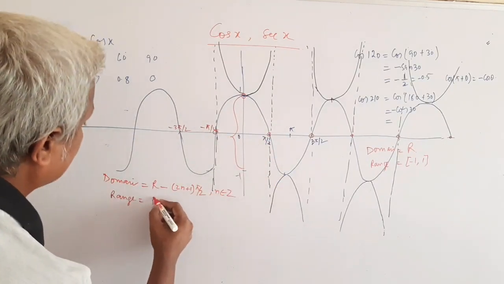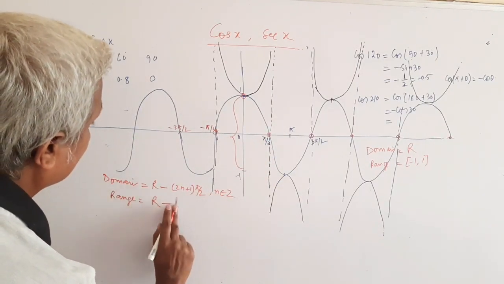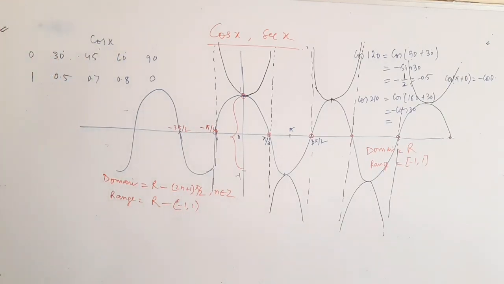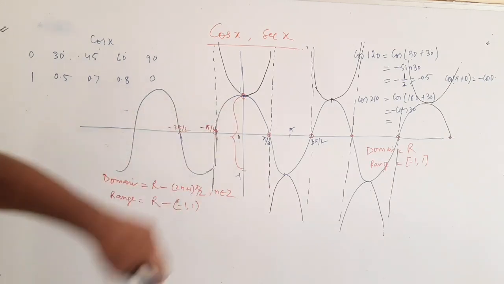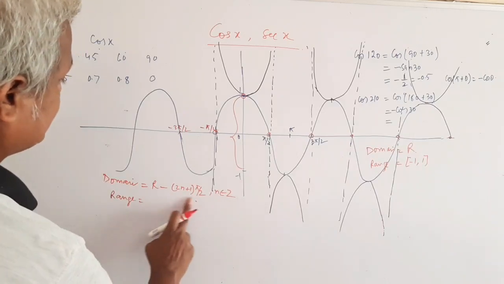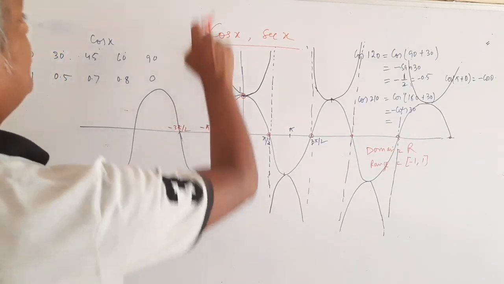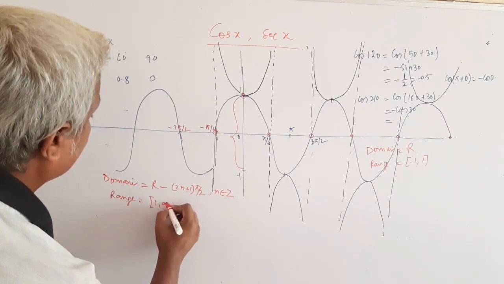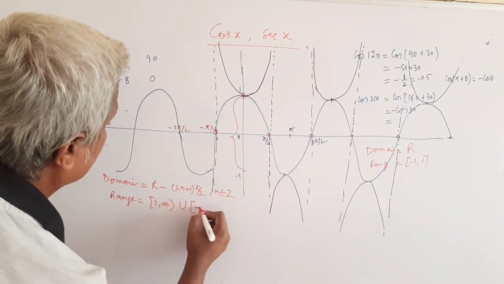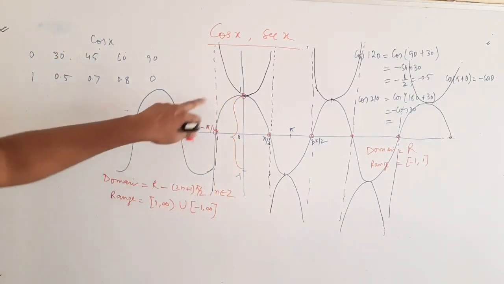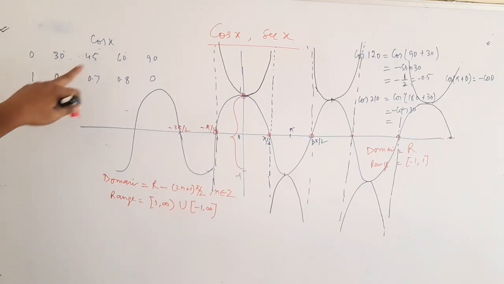So you can say R minus (-1, 1). Or instead of that you can write (-infinity, -1] union [1, infinity), because 1 is coming into the range, since 1 upon cos 0 is 1 upon 1, that is 1.